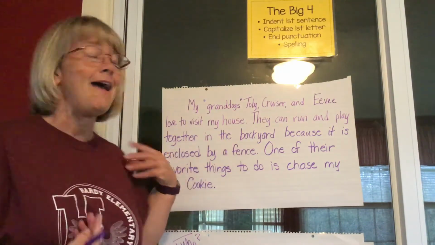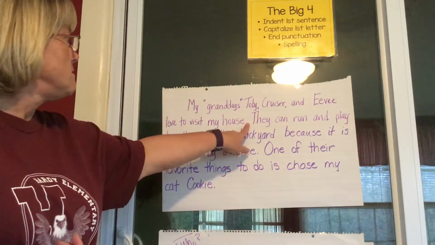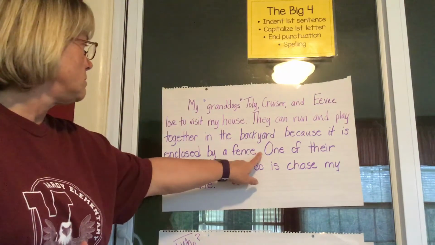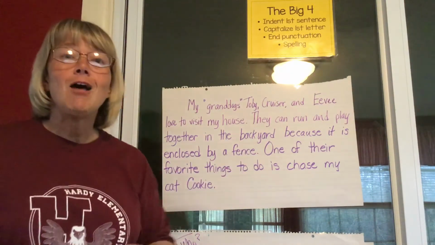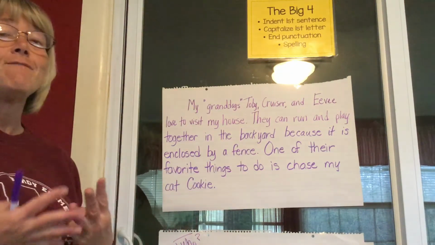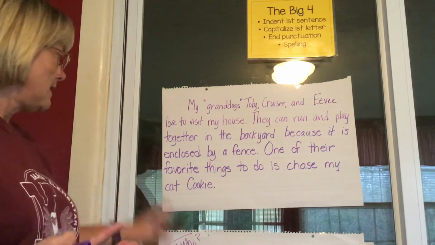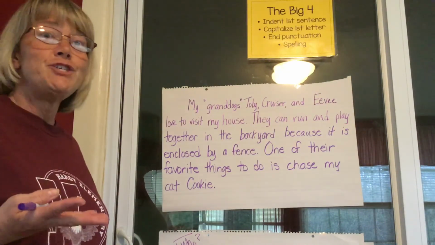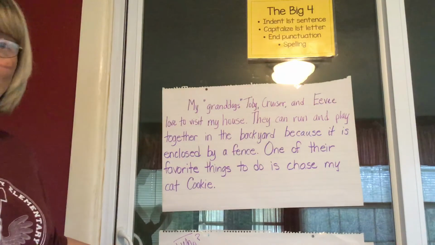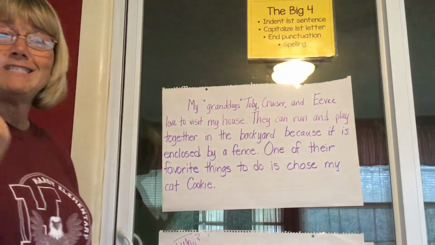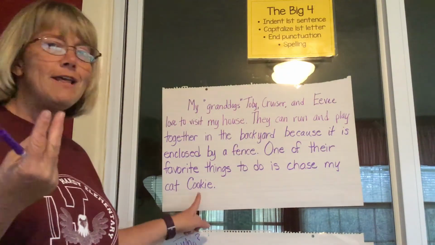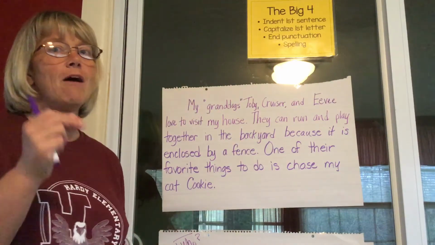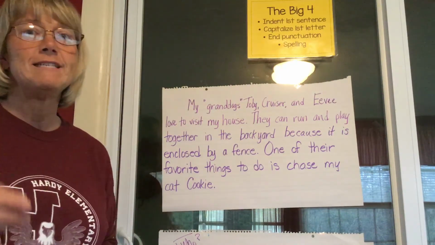Now, remember, you always ask me, how many sentences do I have in my paragraph? Let's see how many I have. There's 1, 2, 3. I only have 3 sentences in my first paragraph, but you know what? I gave you all the information in an introduction. I gave you the characters. I gave you the setting. And I started to give you a hint about the plot, about what's going to happen.